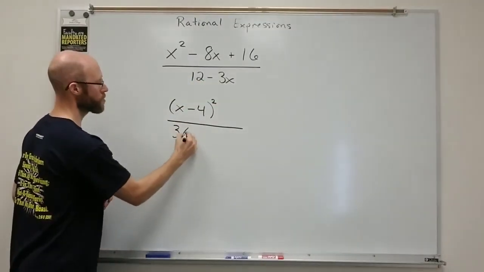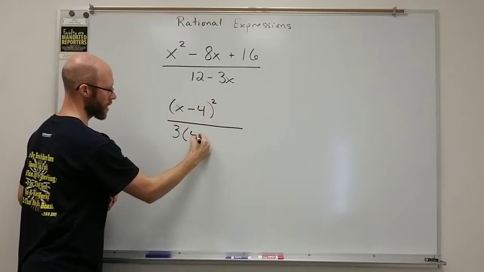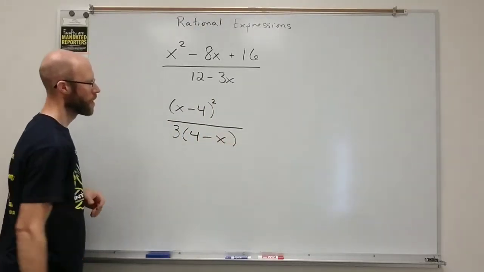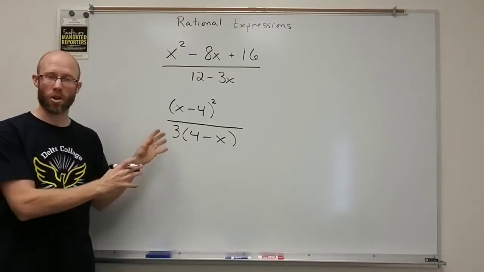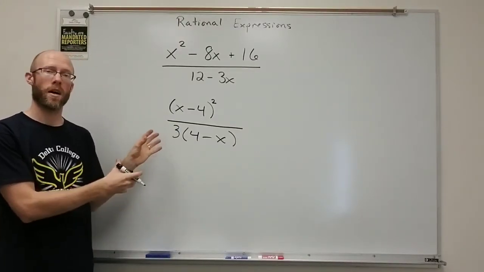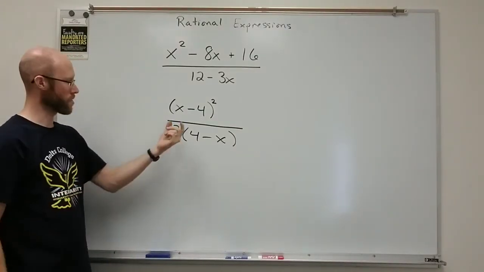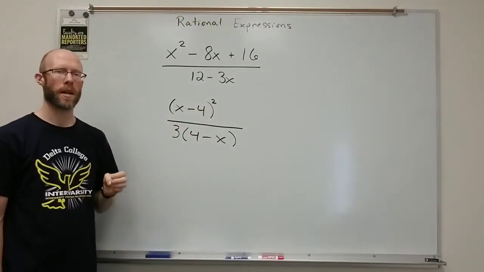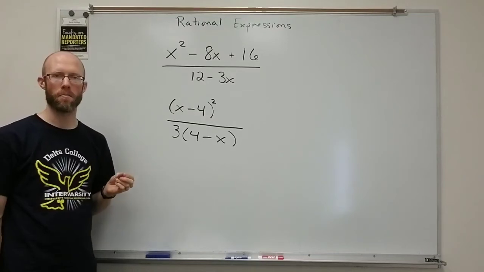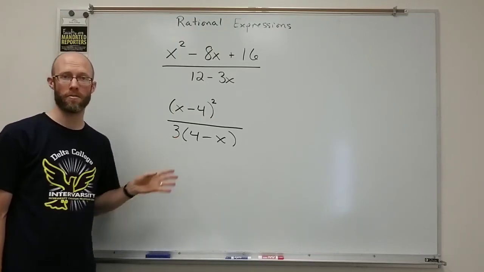So if I pull out a 3, I'm left with 4 minus x. Now, as it occurs right here, it doesn't appear to have common factors. Here I have x minus 4 squared, here I have 3 and a 4 minus x. But I can actually make them have a common factor.